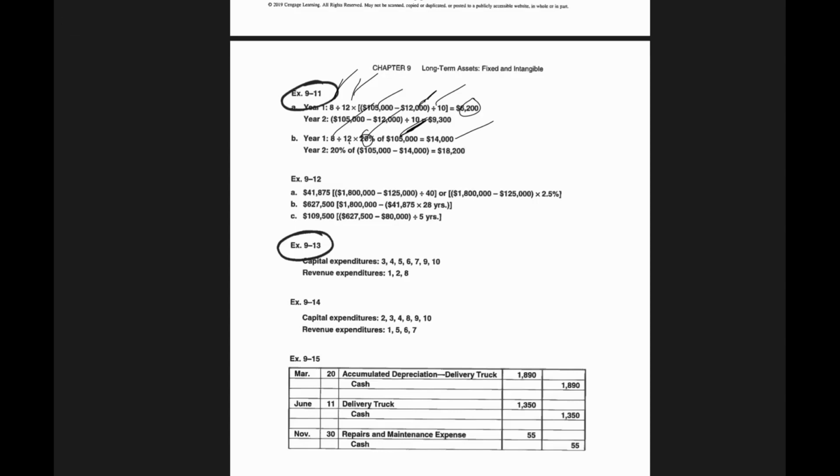Year 2, 105 less the prior year's depreciation times 20%. We don't have to do the 8 over the 12 or the 12 over the 12 in this case. So 105 minus 14 times 20%. In year 3, if you were to do that, it would be 105 minus 14 minus 18.2 times 20%.